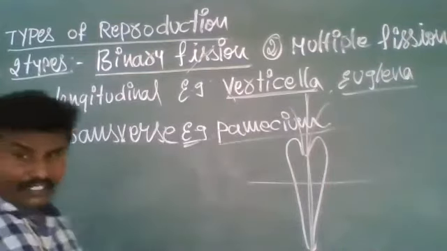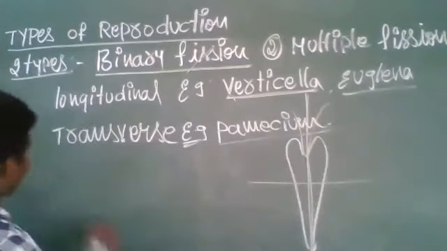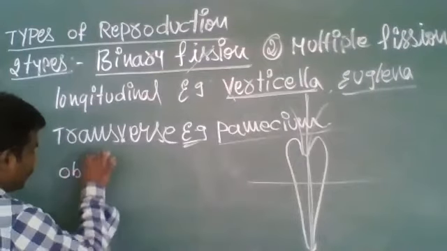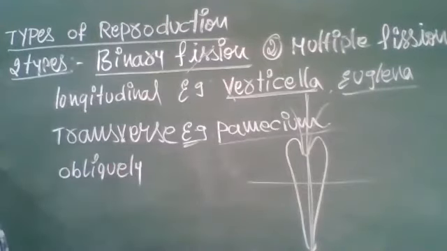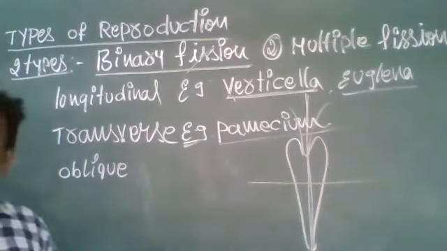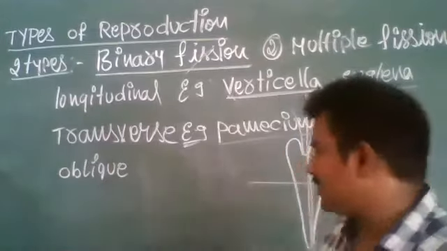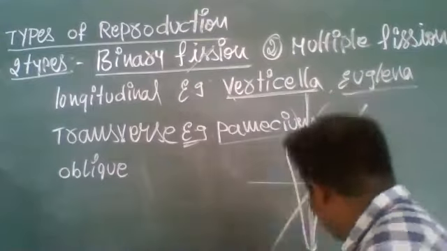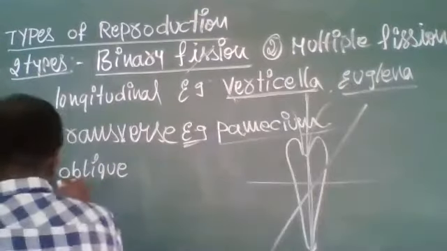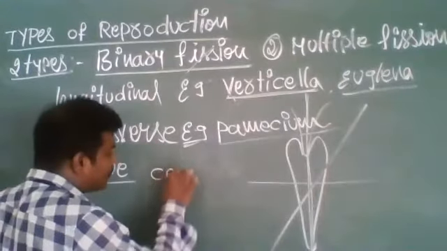If the binary fission occurs oblique, oblique means slope direction, in such a way it occurs in Ceratium.